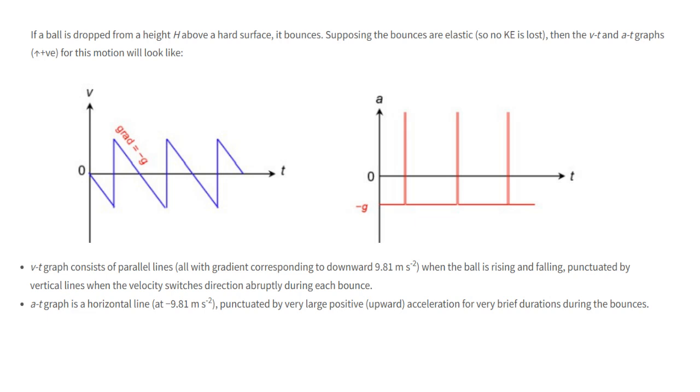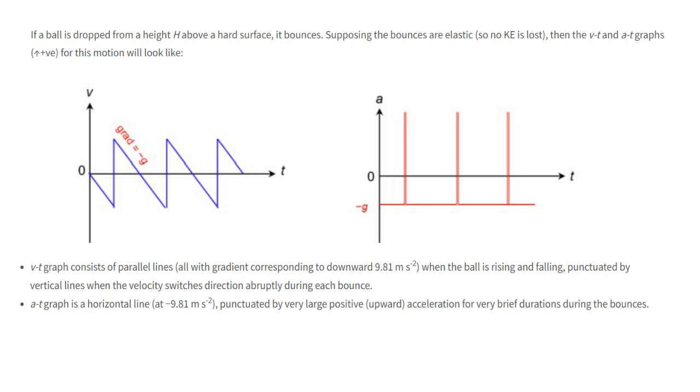As we consider the motion of a ball dropped from a height and bouncing elastically, the velocity time graph shows a series of parallel lines with a constant negative slope equal to the acceleration due to gravity, reflecting the ball's upward and downward movement. At each bounce, the velocity abruptly changes direction, shown as sharp vertical lines on the graph.